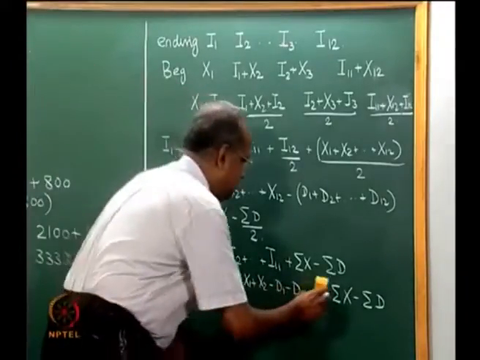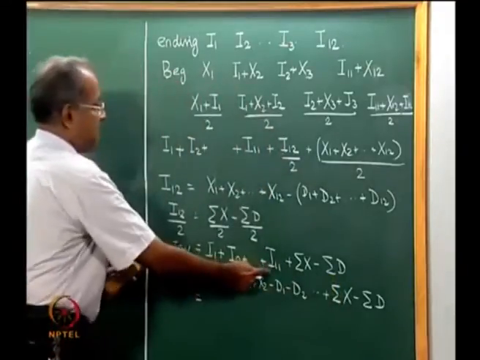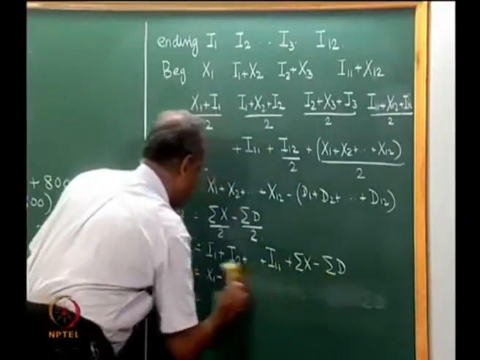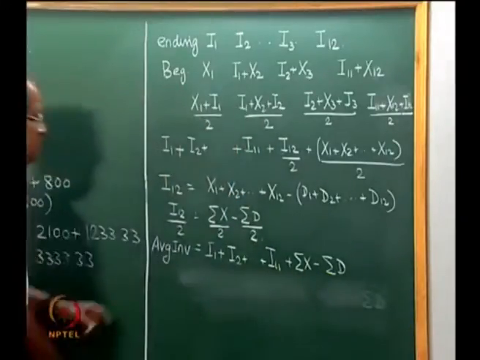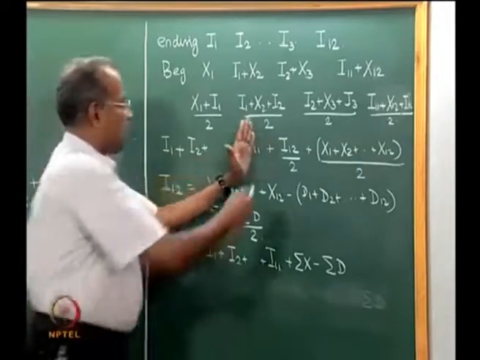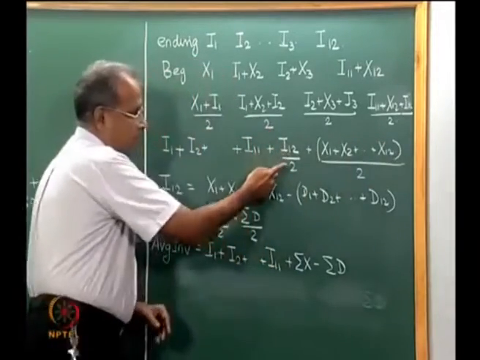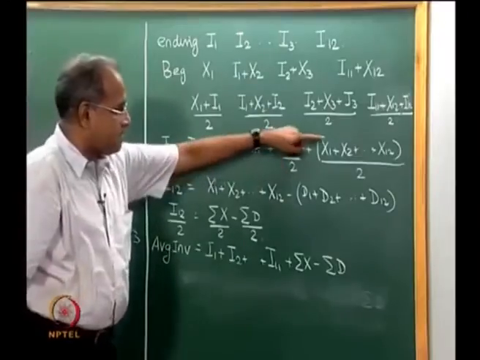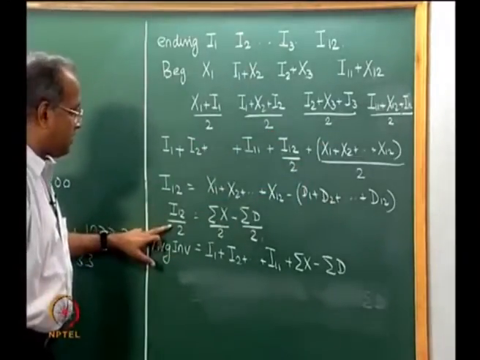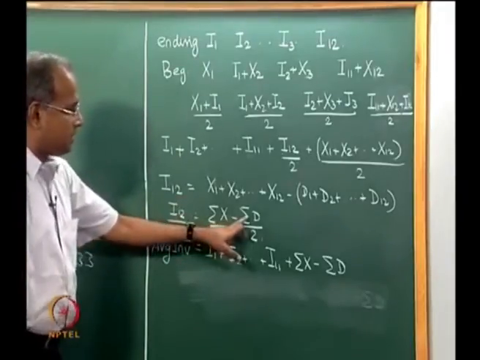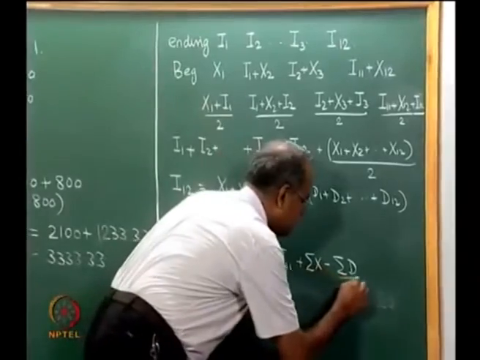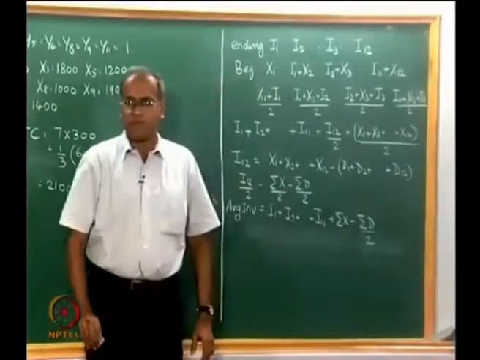Let me write from here so that there is no confusion. So, up to I11 I am writing from here. Now, this portion is I12 by 2 plus sigma x by 2. Now, I12 by 2 is sigma x by 2 minus sigma d by 2 plus sigma x by 2. So, there is a by 2 that comes here.